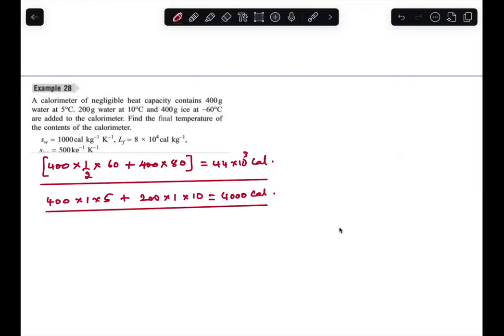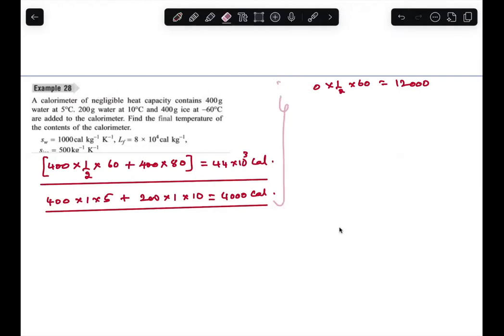So what is going to happen? Now, from the ice point of view, again I am doing reverse calculations: 400 into half into 60, only for the change of state. Even that is on the higher side, because 30 into 400 is 12,000.